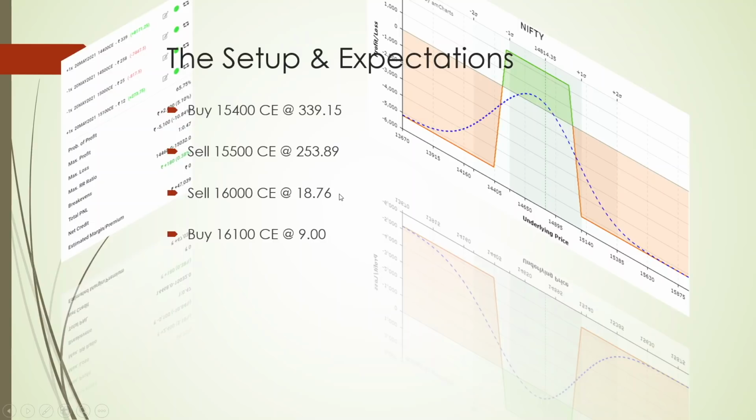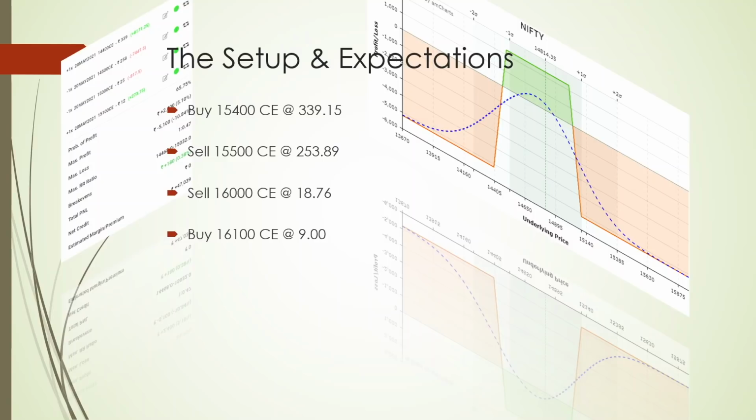This is very conservative. Normally we look to collect about 12 to 15 points in the bear call spread, but here we collected 9.76 only, because the VIX is ultra low and the premiums are very low, and if you want to collect a higher premium we may have to go close to the spot, which is very risky. So we are going to form a very conservative call condor during this week.